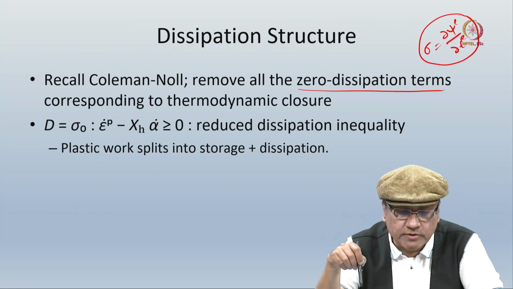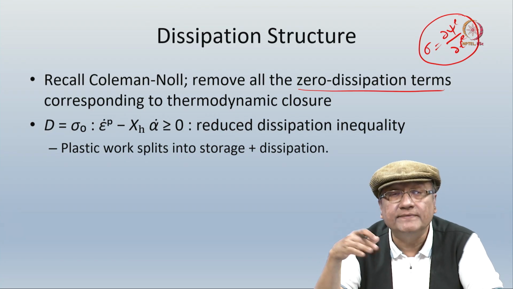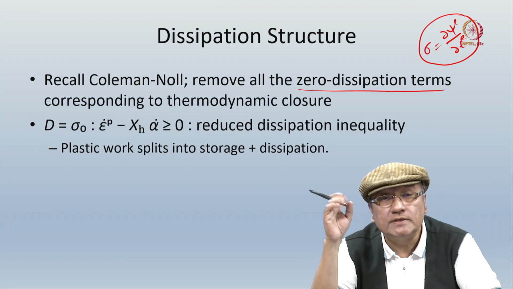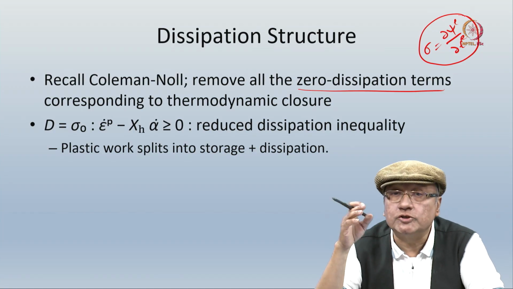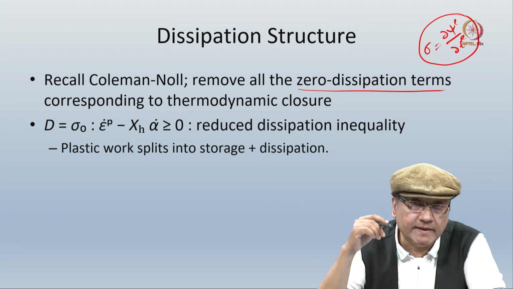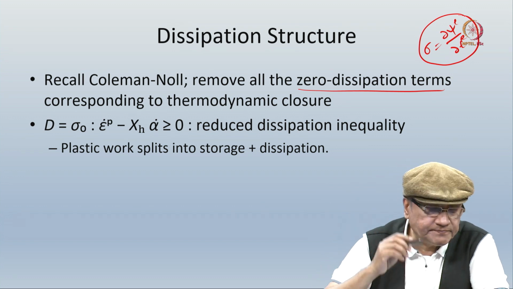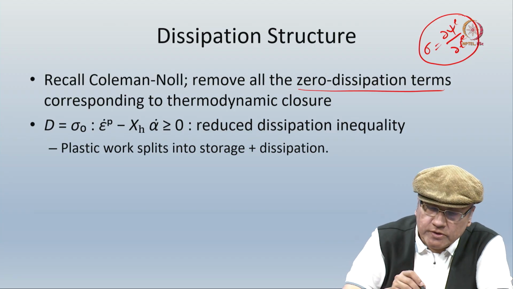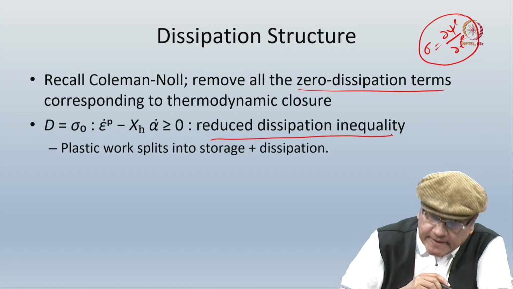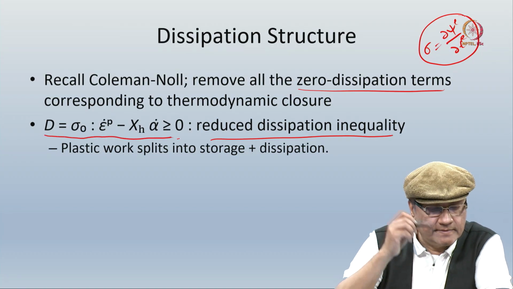Now, thermodynamic closure means arriving at these terms, and then removing those terms from the dissipation inequality that we arrive at after combining the first two laws. So if you do that, then the reduced dissipation inequality in this case will be simply this.